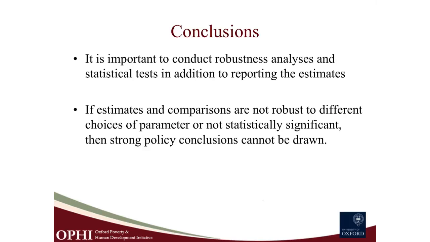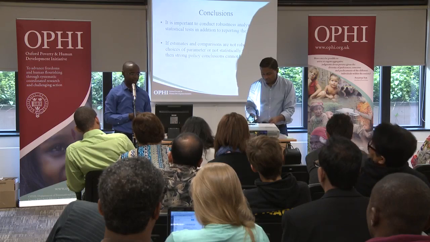All right, we hope that from this session we convinced you that once you get the MPI and all the indices, the work is not done. To move things forward, you also need to do all this statistical analysis and come out with a very strong conclusion without any doubt.